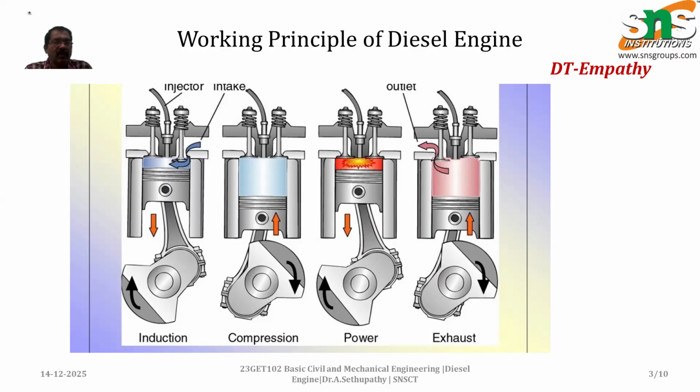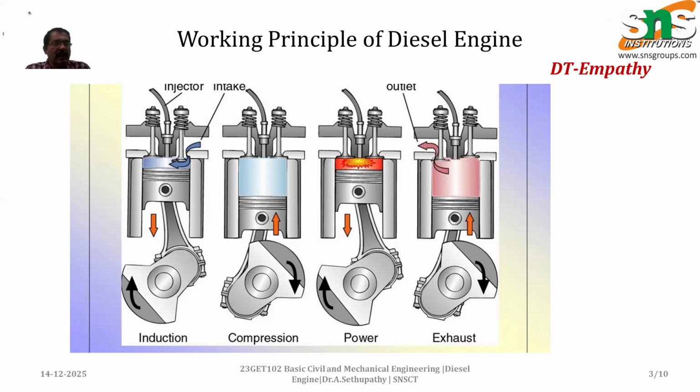After the downward movement, all the fuel is burned, and at that time the exhaust valve opens. The piston moves upward, and the burned exhaust gas is sent out through the outlet port. Again this process is repeated. So these are the four-stroke positions.